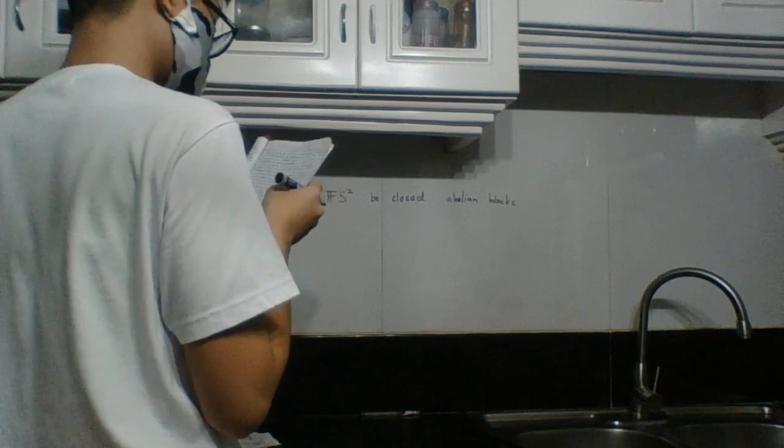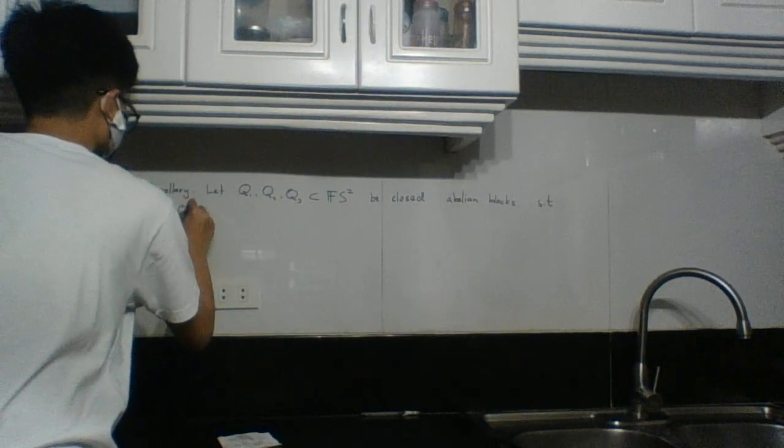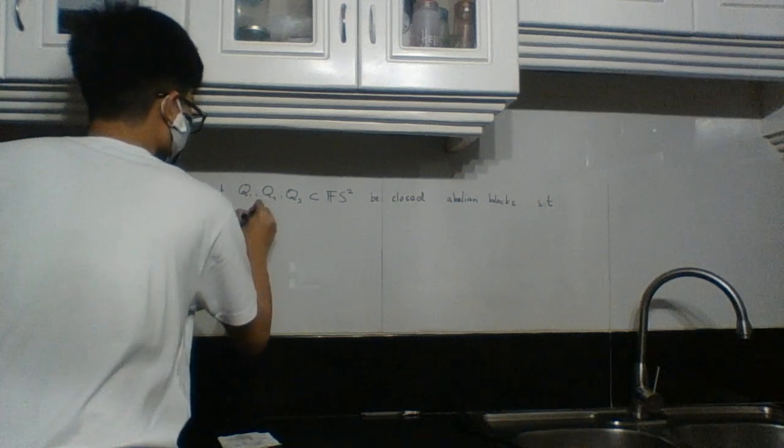So, corollary: let Q1, Q2, and Q3 be closed subsets of Fs2, or let's use the lingo in femboy theory, closed abelian blocks, such that Q1 union Q2 union Q3 is equal to Fs2. So we divide Fs2 into 3 closed subsets.